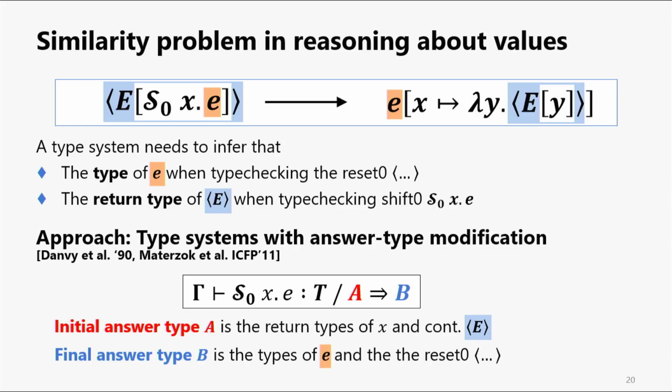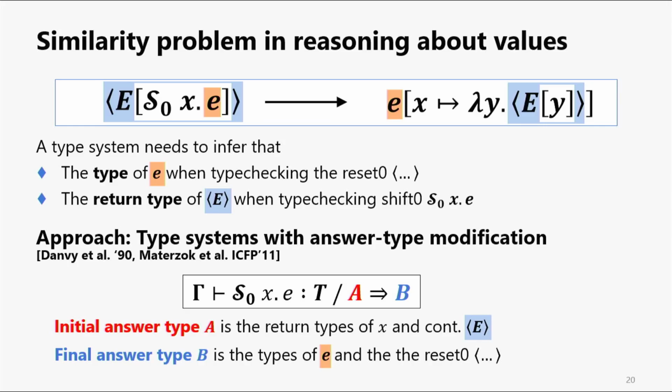In this case, the type of the body of the shift expressions should be matched with the reset expressions, and the return type of the continuation should be matched with the return type of the continuation variables.